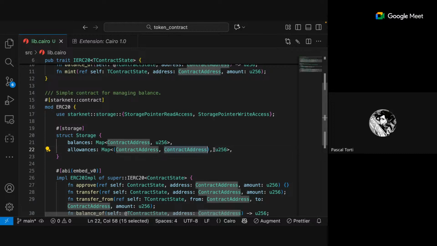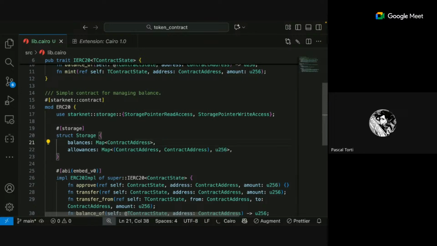If you read this value now, in a map, the default value in Cairo is 0. So if you read a key that does not exist, it returns the default value, which is 0. So let's say this was a bool.